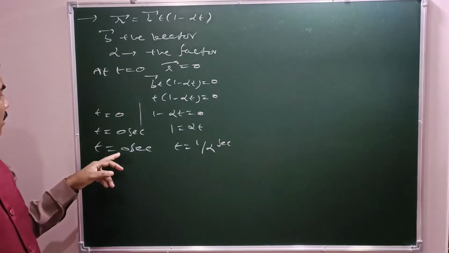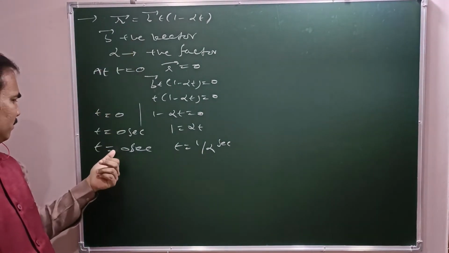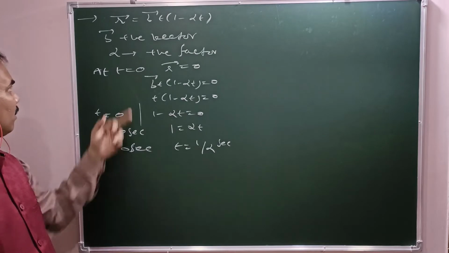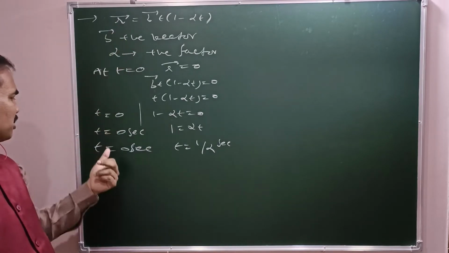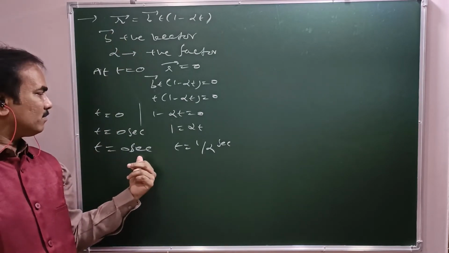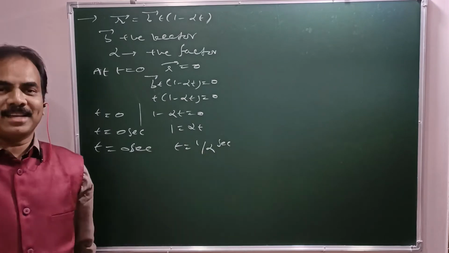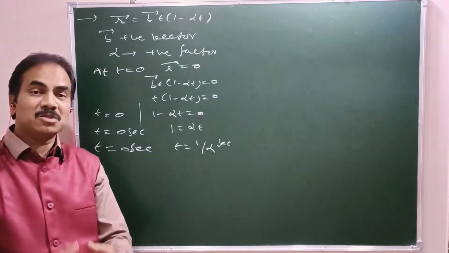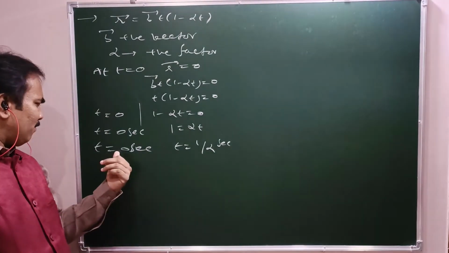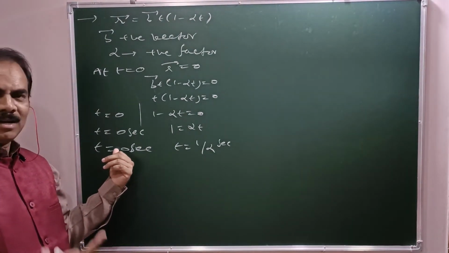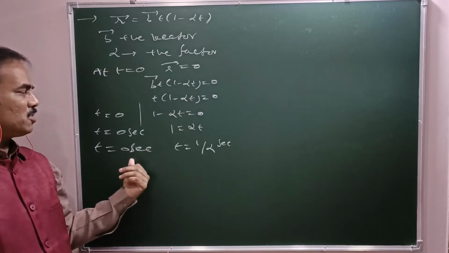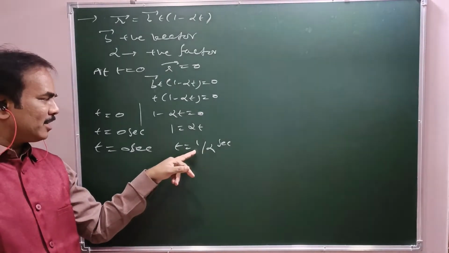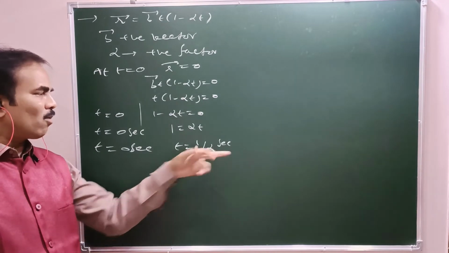Here the particle returns to its initial point when t equals 0 seconds, otherwise t equals 1 by alpha second. So we have two instants at which the particle is at its initial point: from the very start it is at its initial position, and once again it comes to the initial position when t equals 1 by alpha second.